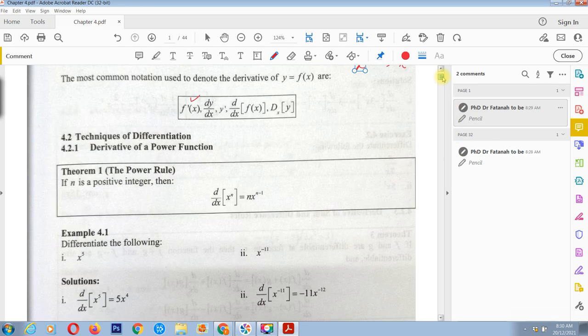So for example, if we have x to the power of negative 11, n is negative 11, so we just put n in front, and then x to the power of negative 11 minus 1, so we'll have negative 11 x to the power of negative 12. Okay, so we have this.